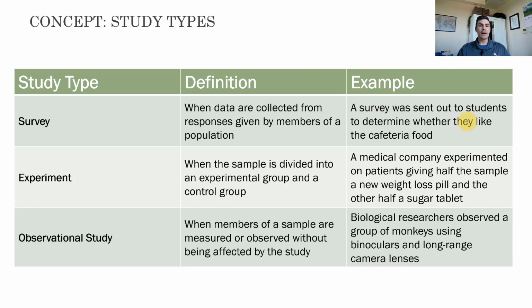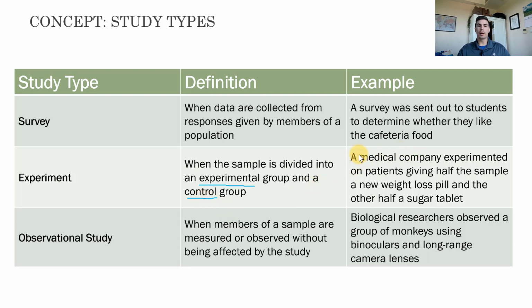An experiment is when we have 2 groups of a sample. All right, we have an experimental group and we have a control group. Now, the experimental group is the group that's actually being studied. That is the group who is having some sort of change and being affected by the study, while the control group is actually not going through any change at all.